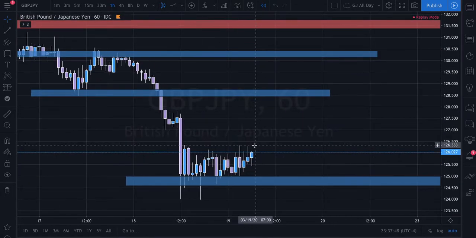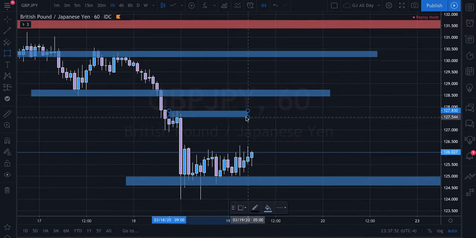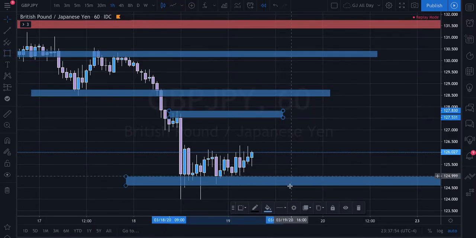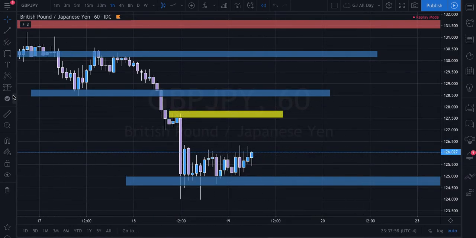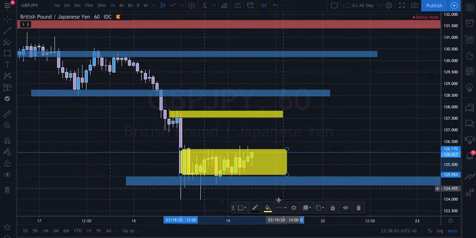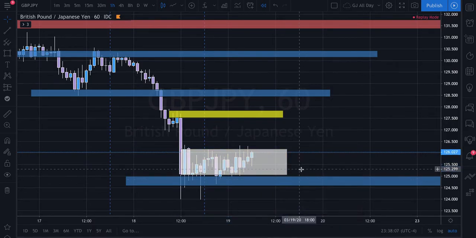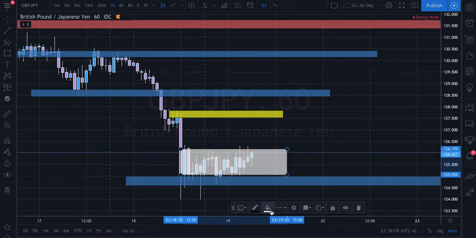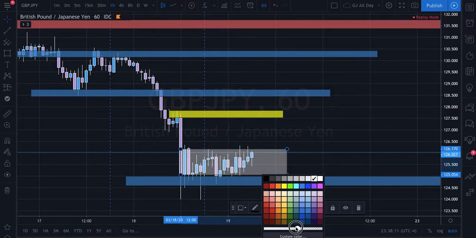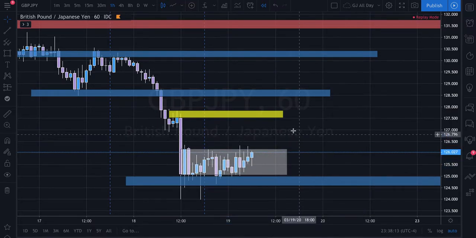All right, so we're at 6 o'clock. We're still in this range. We got a little 1 hour range. So price is consolidating.